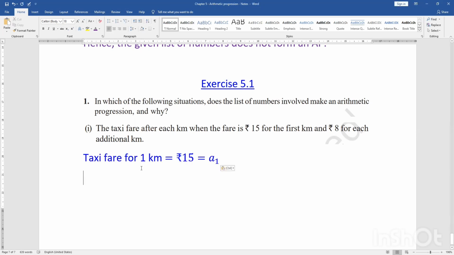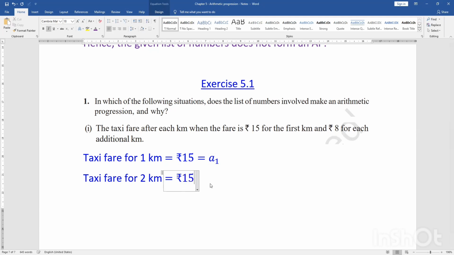Now for this, we have the taxi fare for the first kilometer. It is how much? Rupees 15. So this will be the first term, which is nothing but A1. Right, children? The next one, we have the taxi fare for the second kilometer. Here we need to add the constant value, that is 8 rupees.